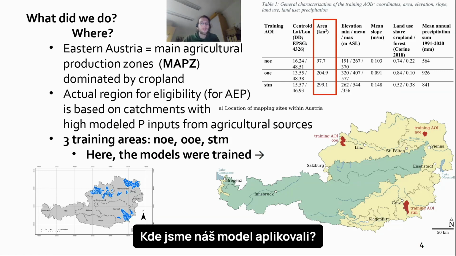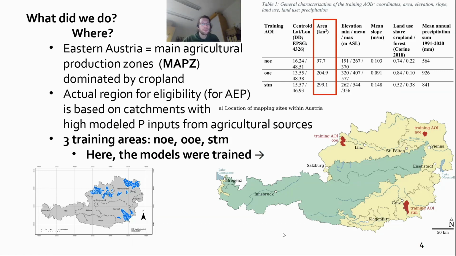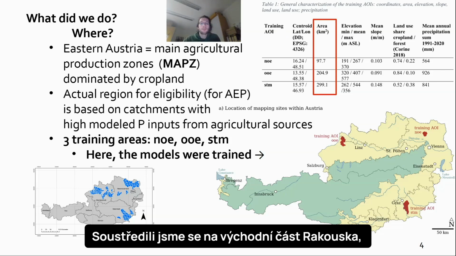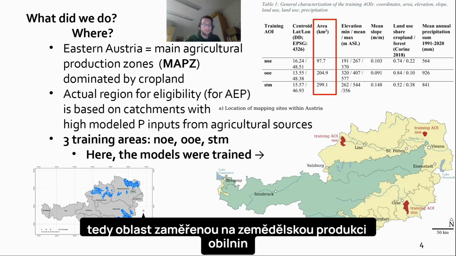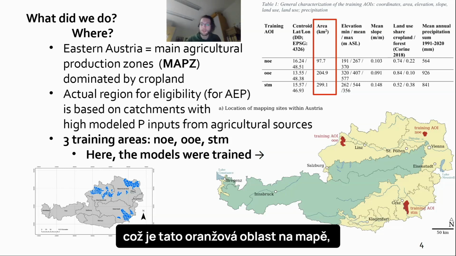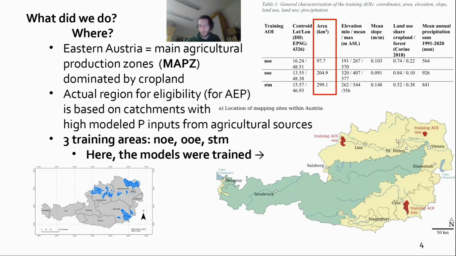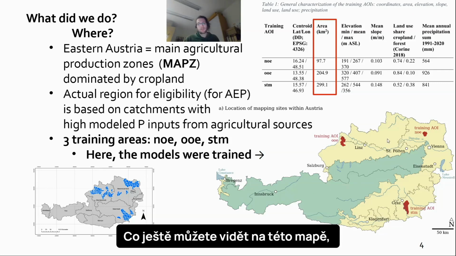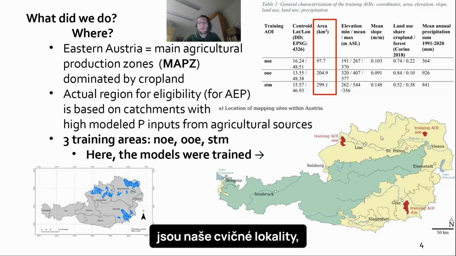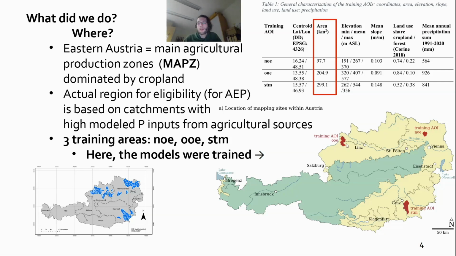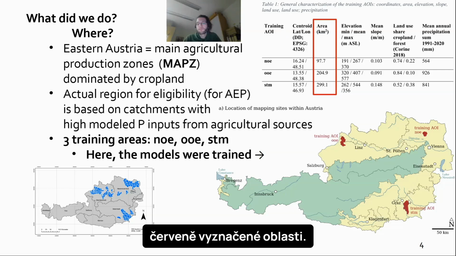So where did we perform our modeling? We were concerned with the eastern part of Austria, mainly the cropland-dominated parts of Austria, which is this orange area here in this map. The green area is mostly grassland-dominated and mountainous. What else you can see in this map are our training areas, which are these three red areas.